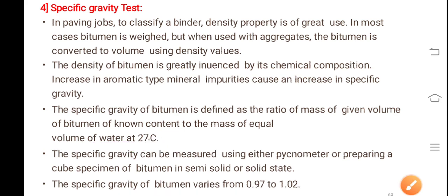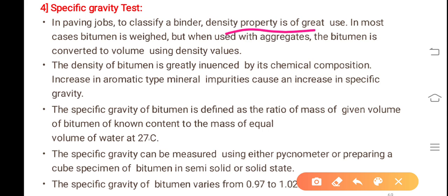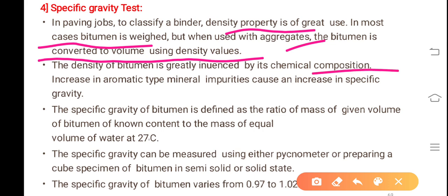It ranges from 0.97 to 1.02. In paving jobs, to classify a binder, the density property is of great use in most cases. Bitumen is weighed, but when used with aggregate, the bitumen is converted to volume using density values. The density of bitumen is greatly influenced by its chemical composition; an increase in aromatic type material and impurities causes an increase in the specific gravity.